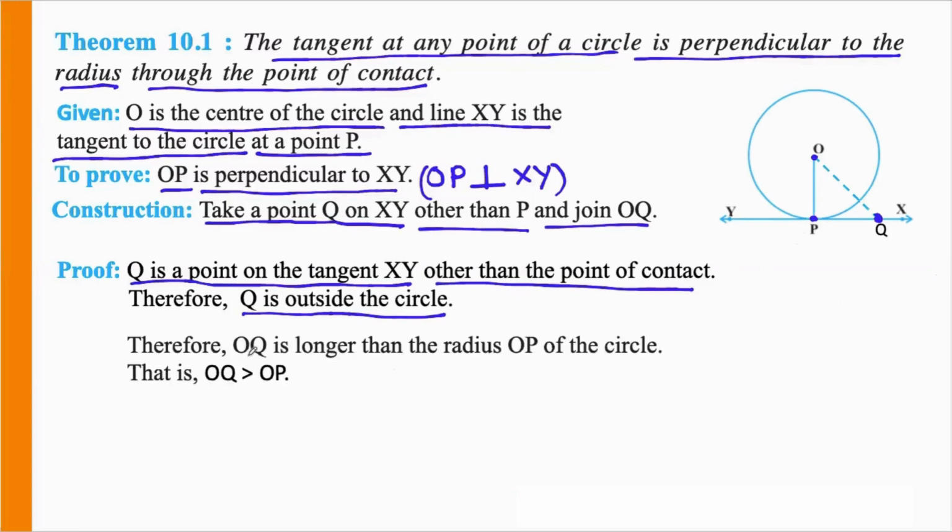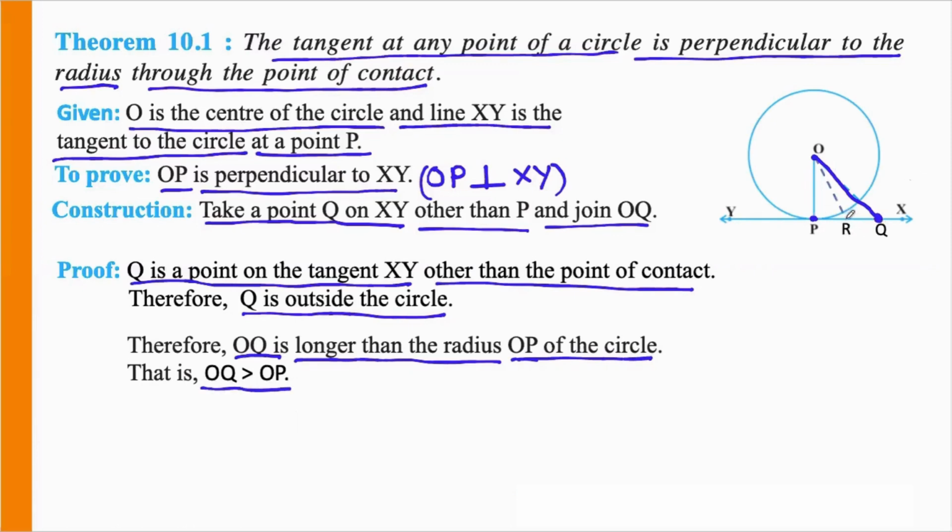And because it's outside, we can say that the line segment OQ is longer than the radius OP of the circle. We can write it like this: OQ is greater than OP.